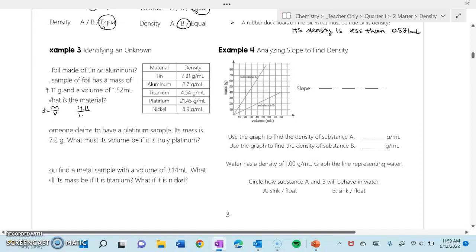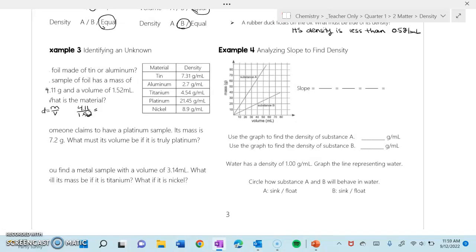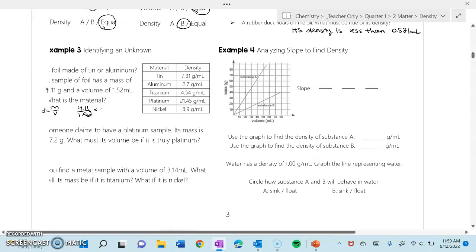4.11 divided by 1.52. Put it in your calculator. And you get 2.7 grams per milliliter. Don't forget your units. Mass is grams, volume is milliliters, so these two units become the final unit, grams over milliliters.